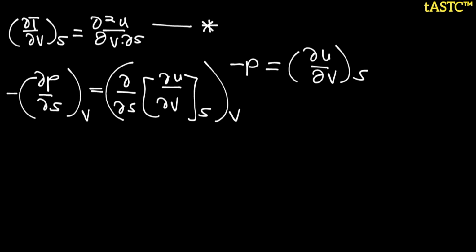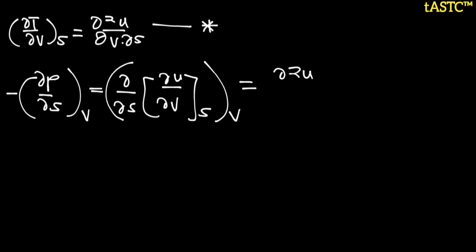They should be at constant V. Now this is going to be d squared U divided by dS dV. So that is what you have right there. I'm going to call this equation 2.